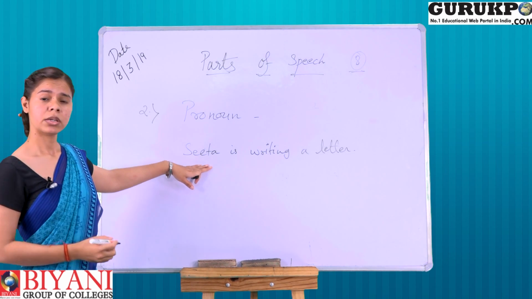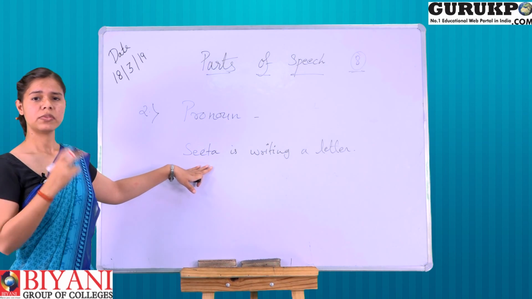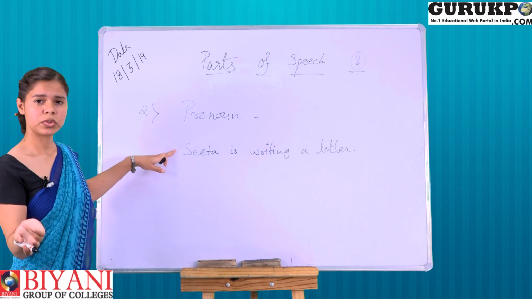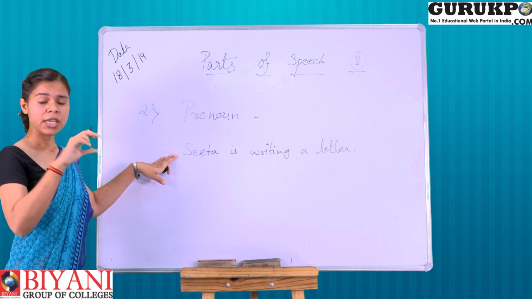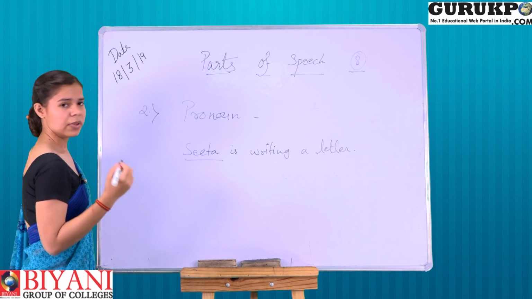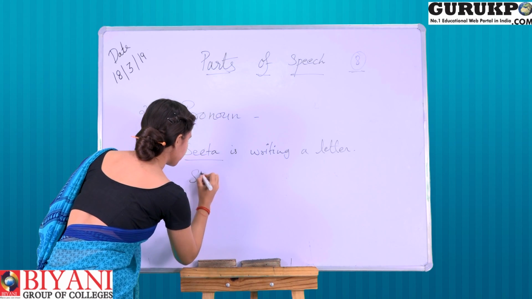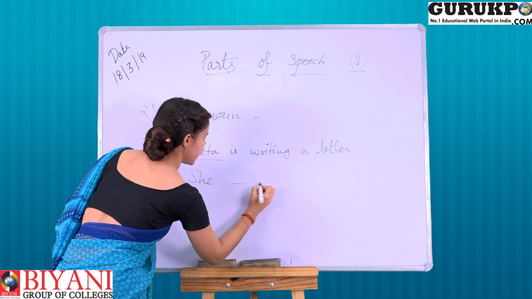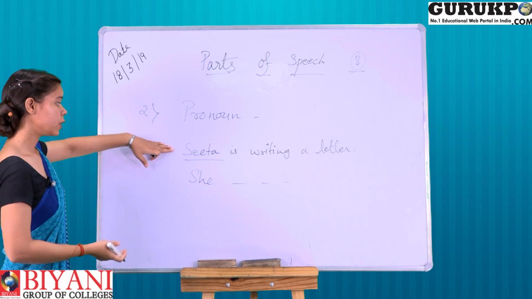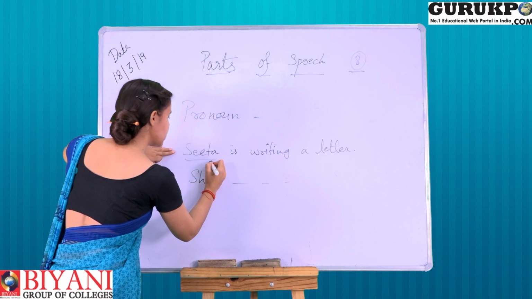This is a noun. But if we do not want to use the noun, and if we want to show it as a pronoun, then we can use the word she, right? She is writing a letter. Instead of the word Sita, we can say she is writing a letter, right? Sita is writing a letter, this is with the use of a noun.